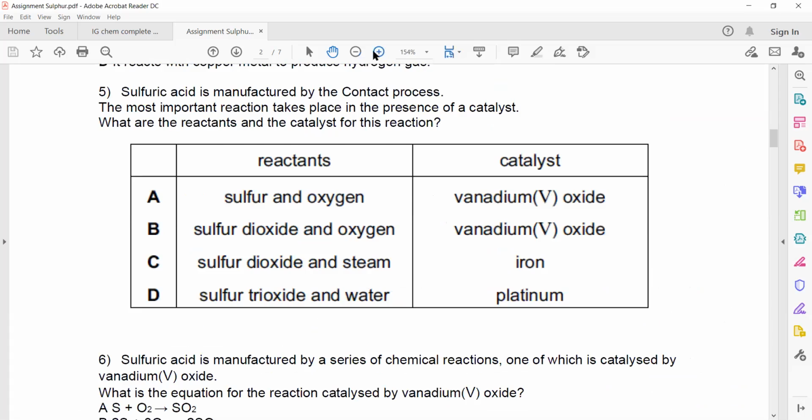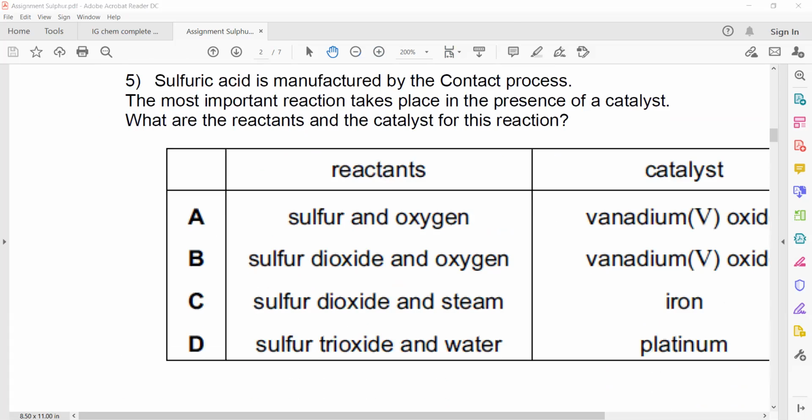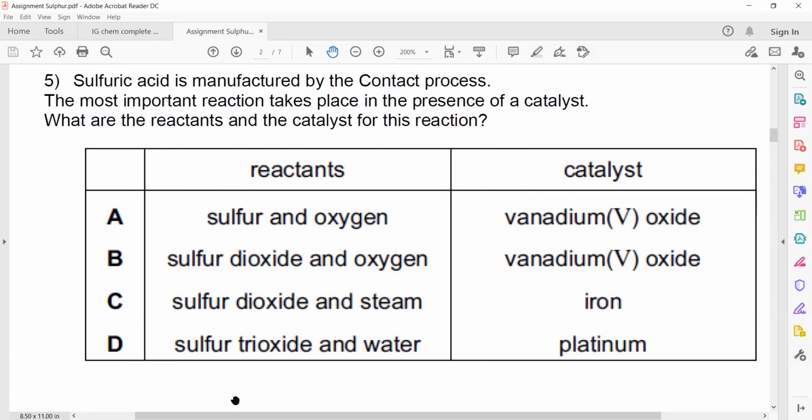Question 5. What is the right answer for question 5?